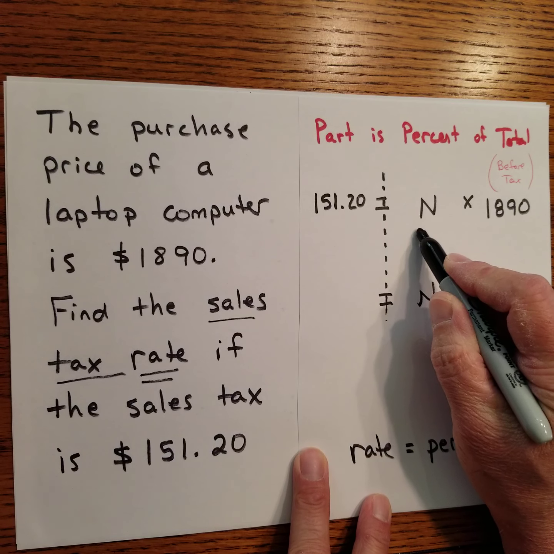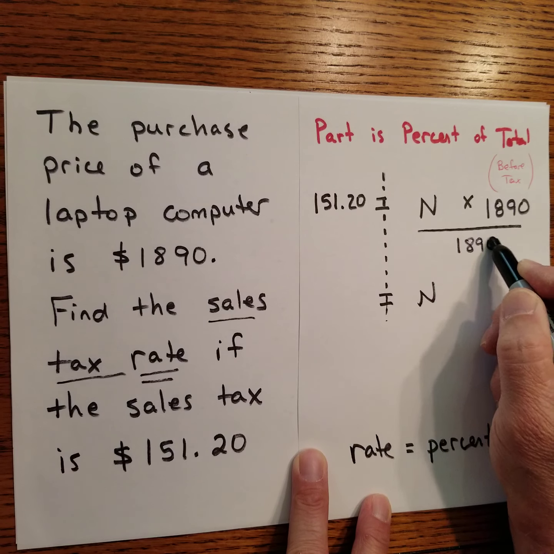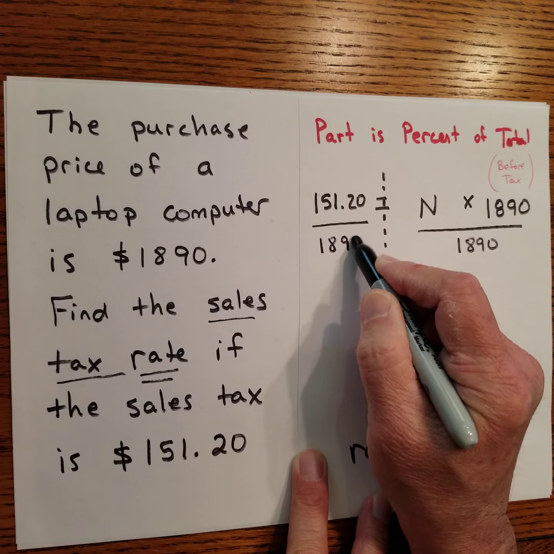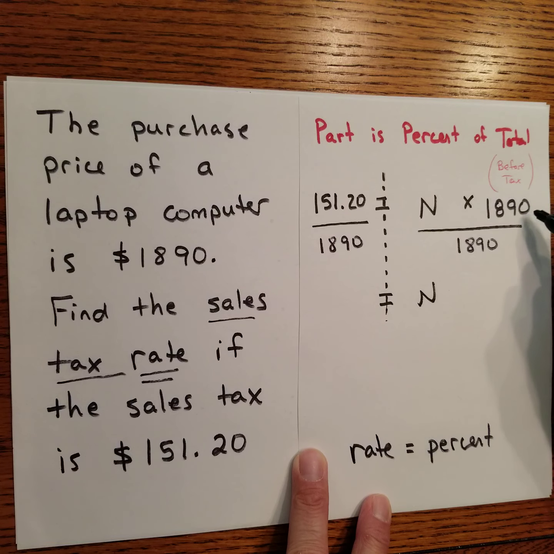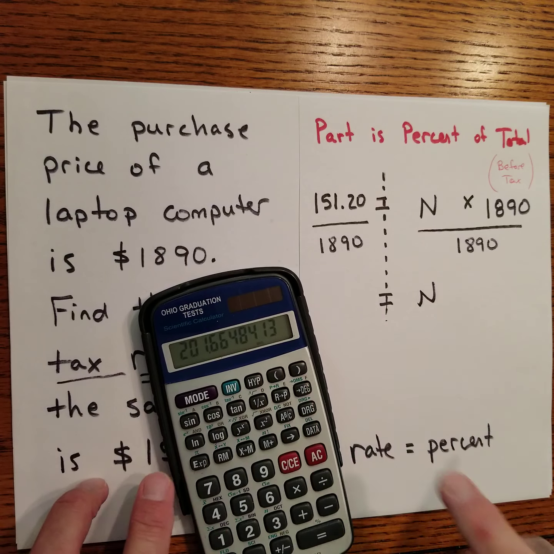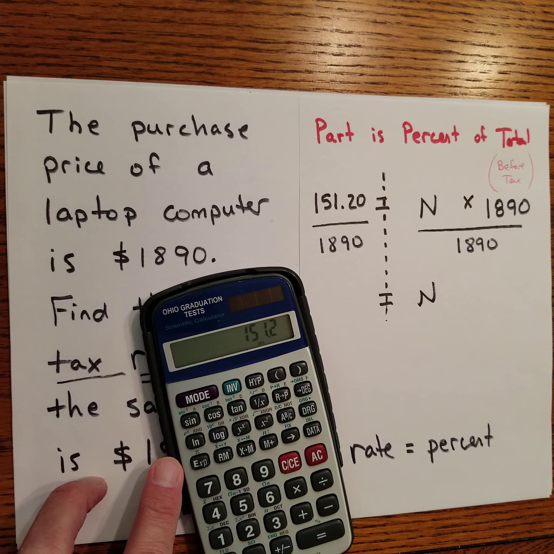The inverse of multiplication is division. $1,890 divided by 1,890 is 1 N. On this side, when you divide, make sure that you type in the $151.20 first. It's $151.20 divided by 1,890.